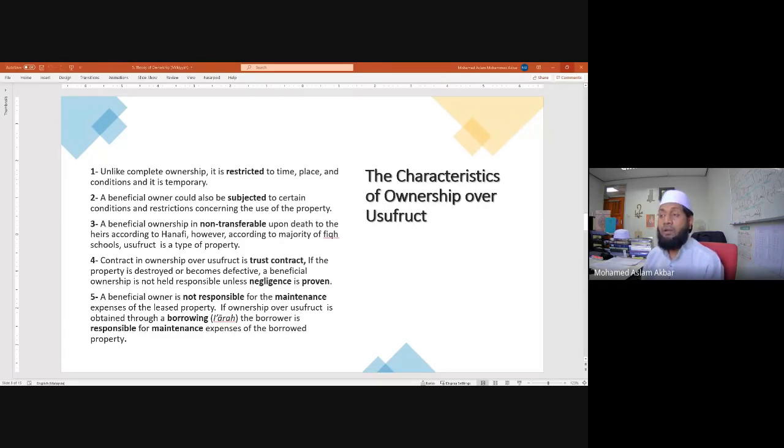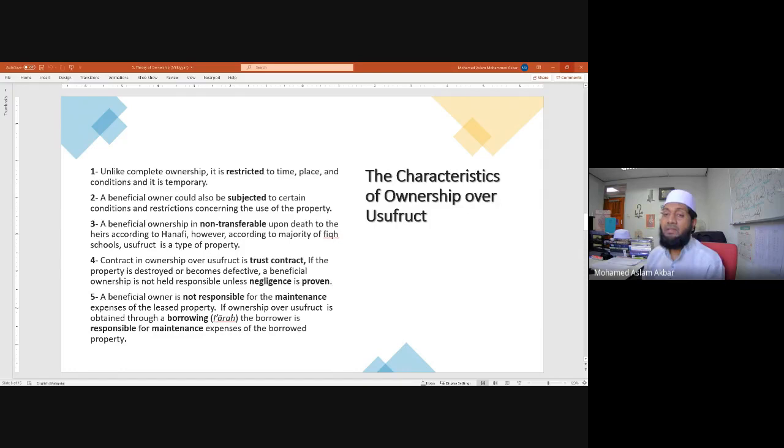That is the reason why, according to Hanafi, it is not transferable, but at the same time, the agreement can be renewed. According to Hanafi, the son will not continue as the father; the son will renew a new agreement. This is for the sake of protection. This is also good.